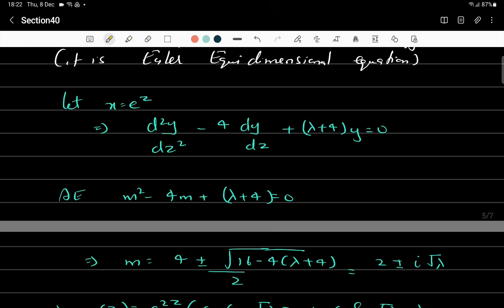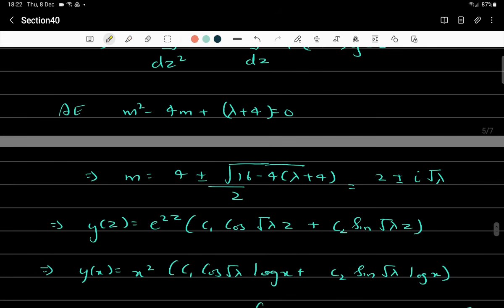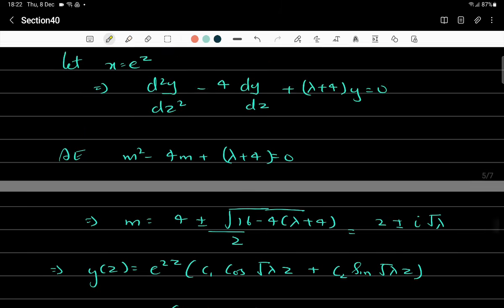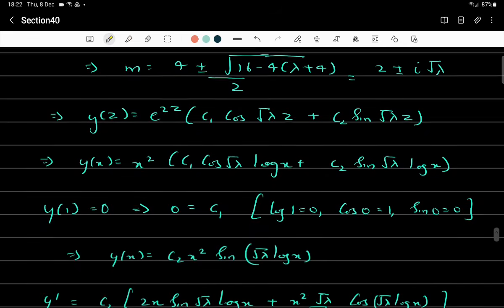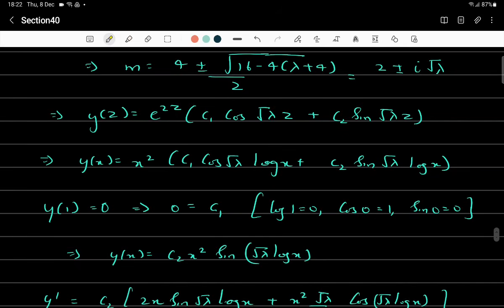Now it's very easy, you just write down the solution and compute the value of y of x. Now you use both the conditions, which are y of 1 is 0 and 2 plus root lambda y of e minus e y dash e is equal to 0. So y of 1 equal to 0 gives you c1 = 0.